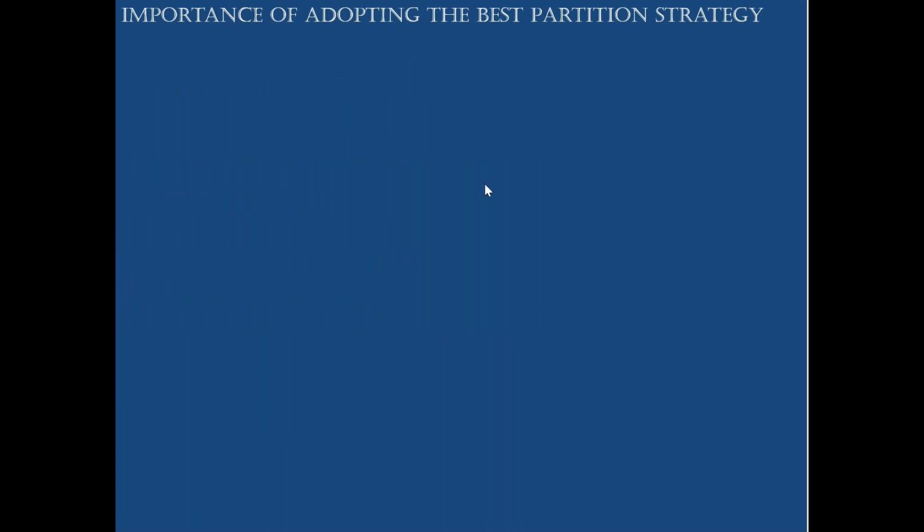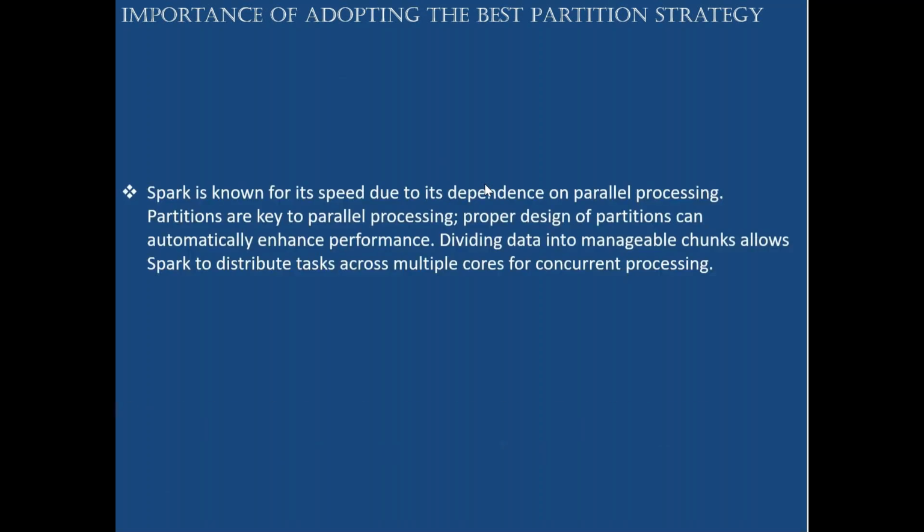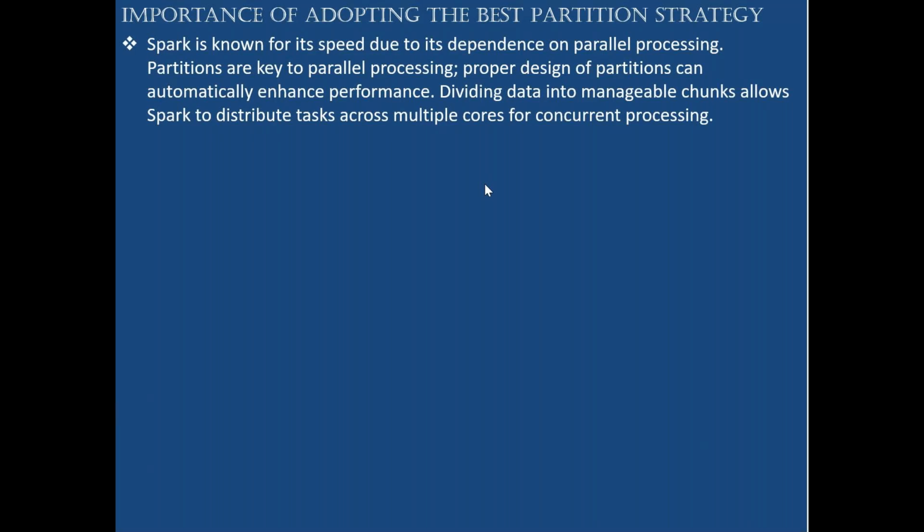Why do we need to maintain a proper number of partitions? Let's understand. Spark is known for its speed due to its dependence on parallel processing. We already discussed this as part of the Spark architecture. You have a computer with multiple cores, and each core can process one partition.